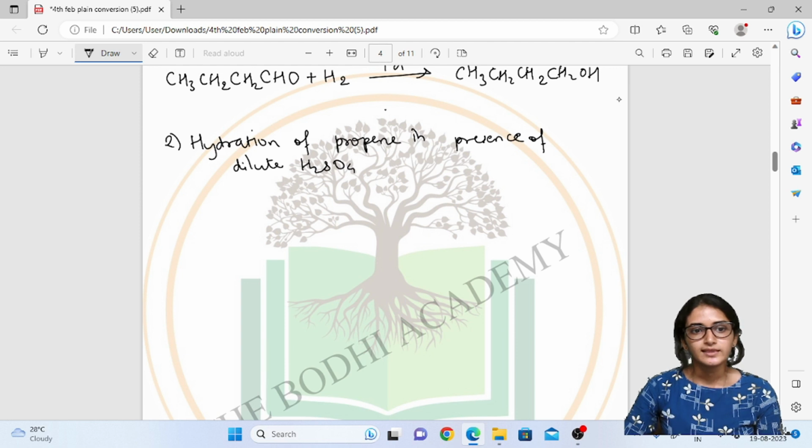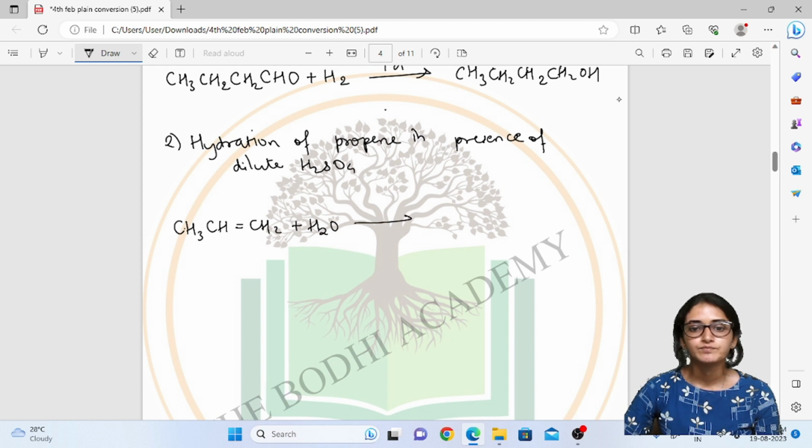Then next is hydration of propene in presence of dilute H2SO4. Hydration, the name itself tells us, means we are adding water. So hydration of which compound? Propene. So I will write CH3, CH=CH2. This is the formula of propene, in presence of dilute H2SO4. Hydration means water is needed, and this is a reversible reaction.